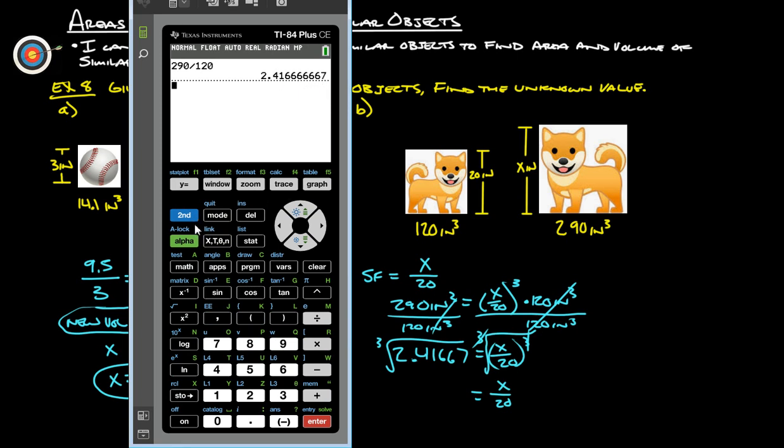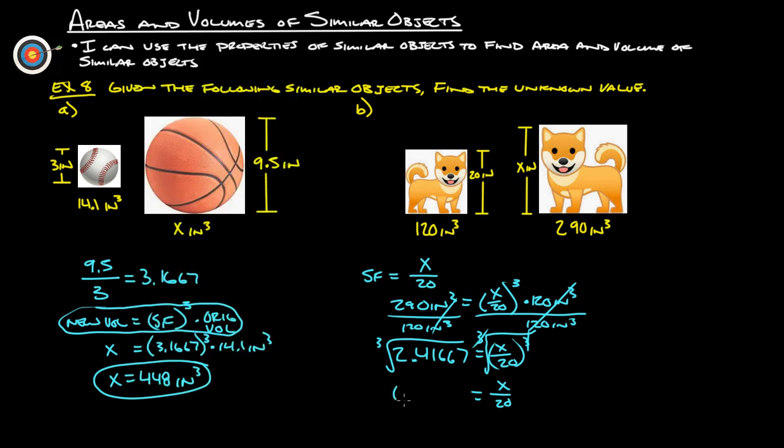2.41667. The cube root on this one here, I believe, is going to be under the math. So we can actually just do math, and there's an actual cube root here, or you can do the X root, like if you need to do fourth root, fifth root, 10th root, whatever, but we just need this one. So we take the cube root of our answer, and that's going to give us 1.3419.